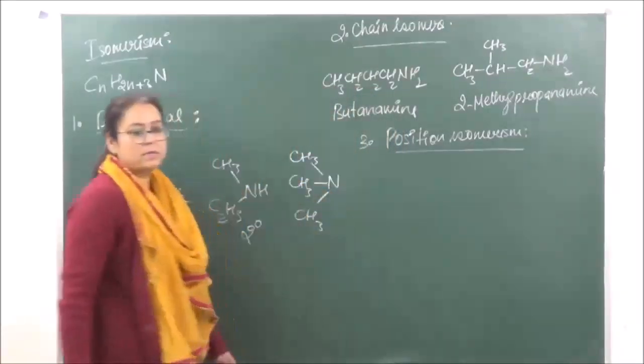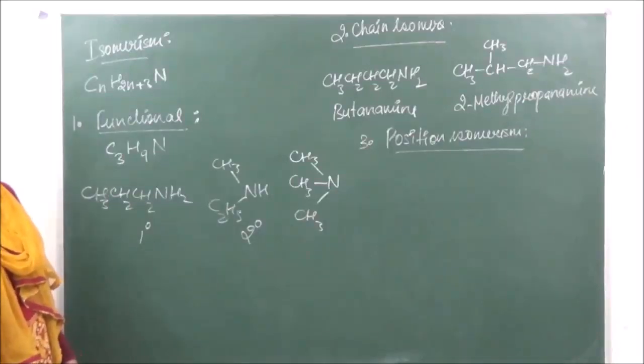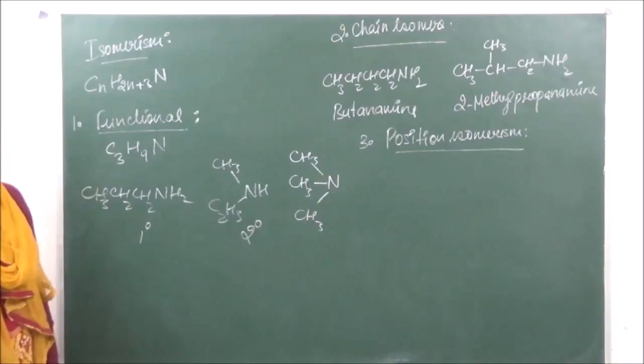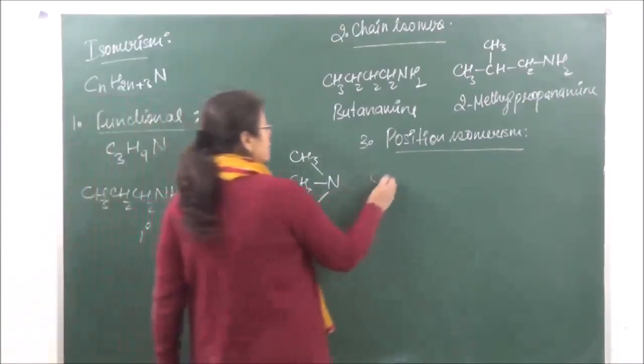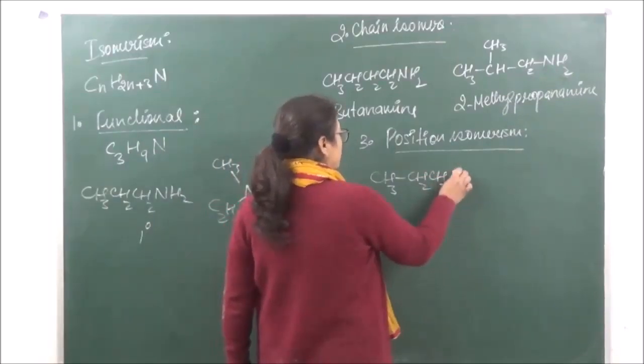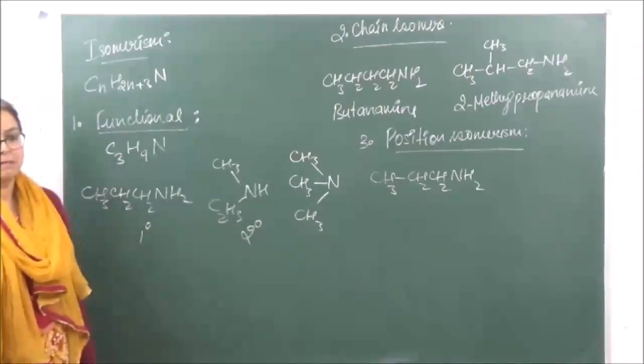Then the third type of isomerism which it can show is position isomerism. Now what is position isomerism? That is due to the difference in position of the amino group. For example, if we are taking this, it is propanamine, right?